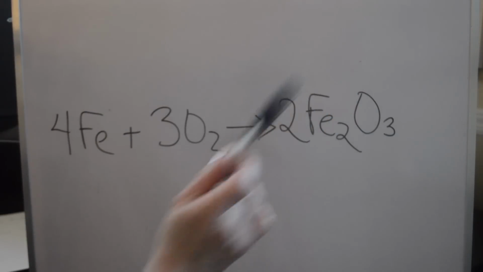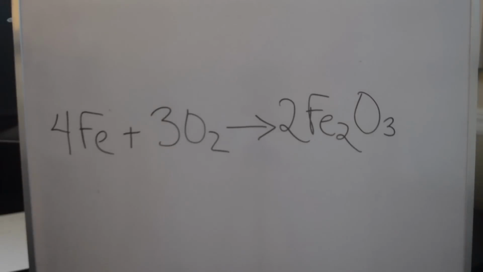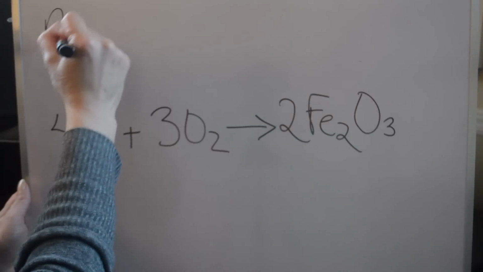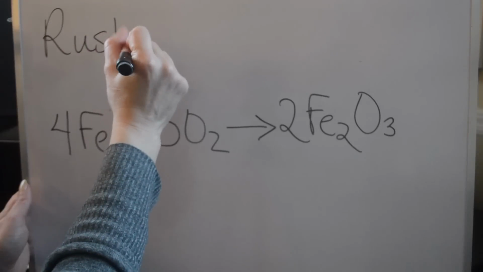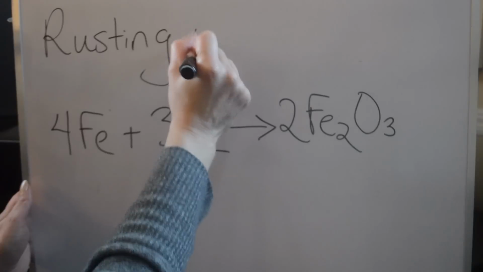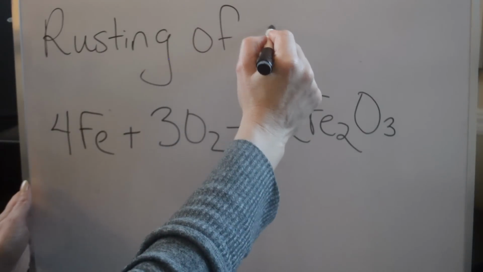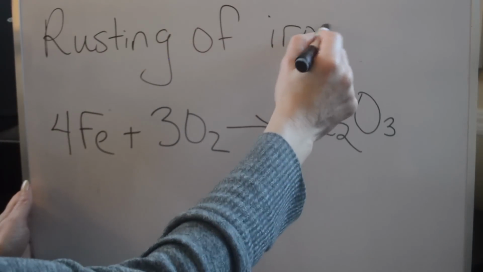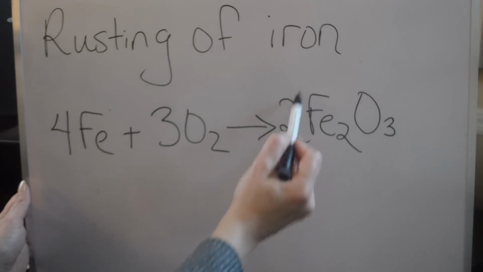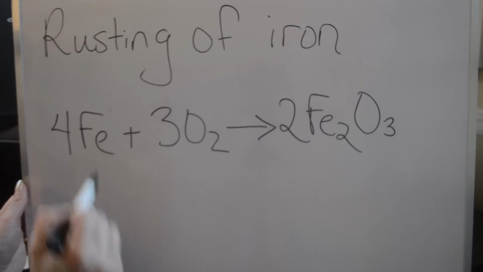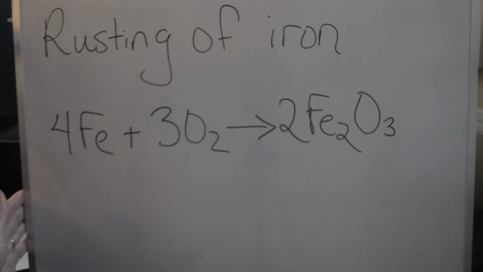If you know what that element is, then you probably know what reaction is taking place here. This is the rusting of iron. Okay, so we see iron as the Fe. Iron is one of the most abundant metals that we see on a daily basis.